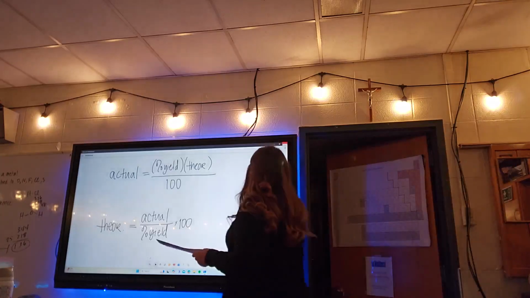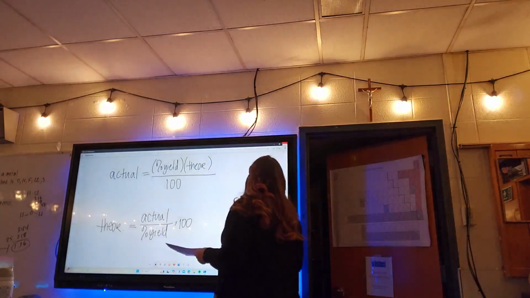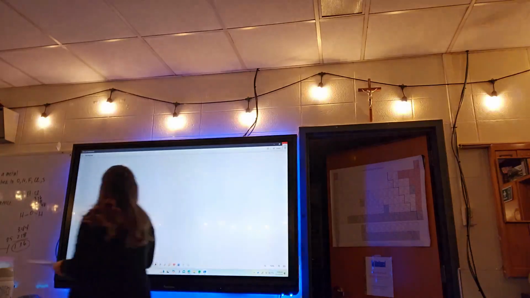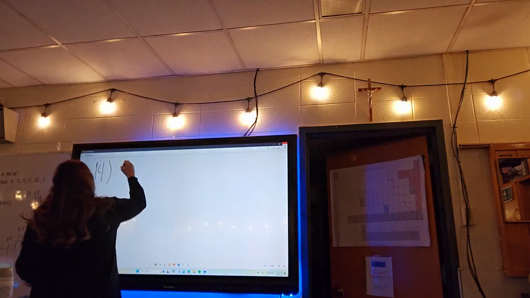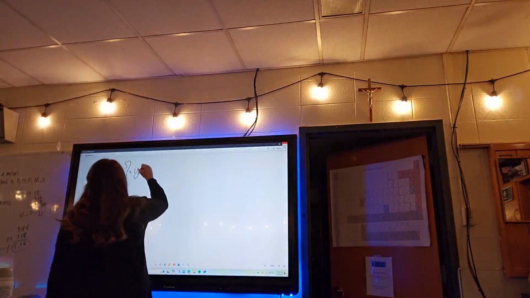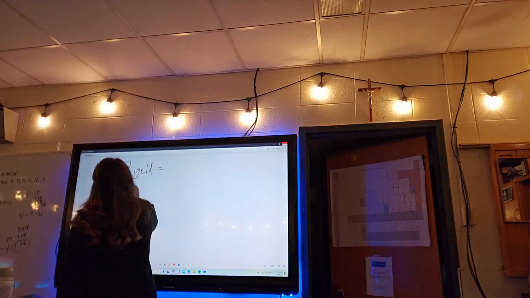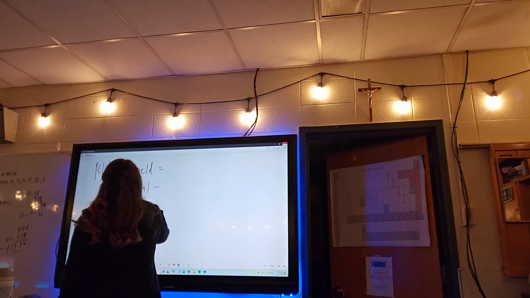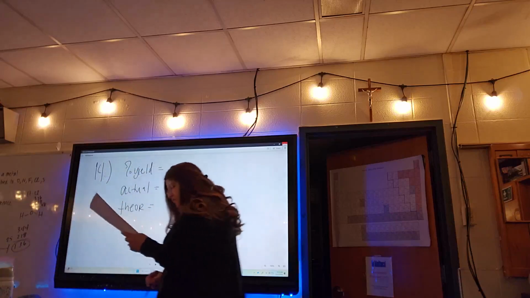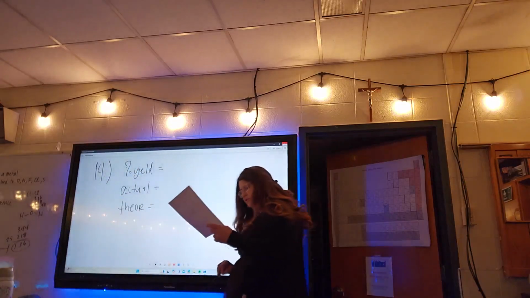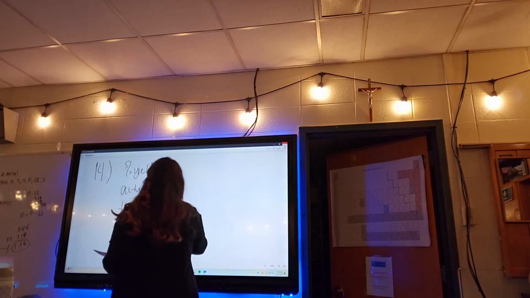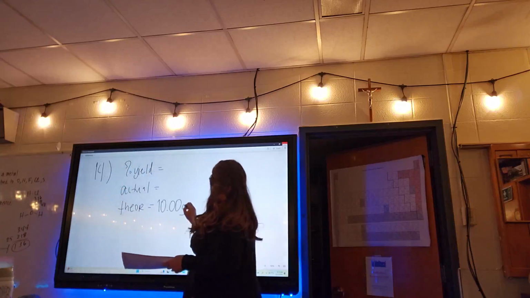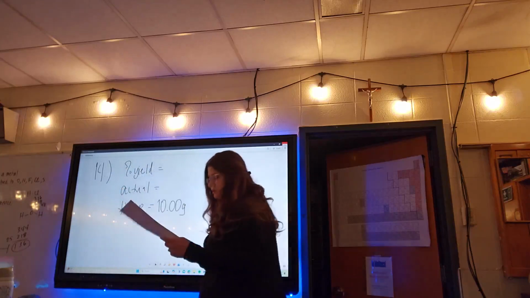Start number 14. Start making your little list of your knowns and unknowns. I call that my data table. So I'm ready to have percent yield, actual, theoretical. 14 says if the theoretical yield of an experiment is 10.00 grams, so that one was easy for me because it literally said theoretical yield.